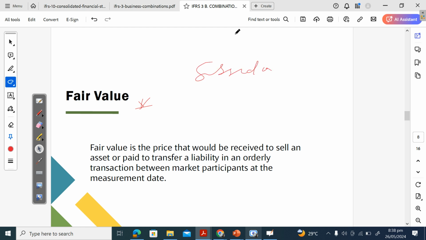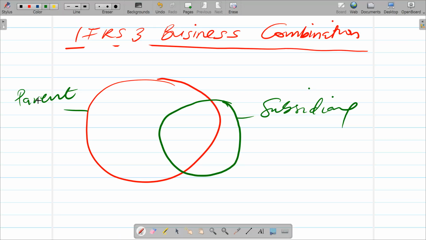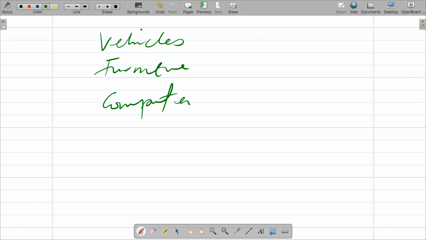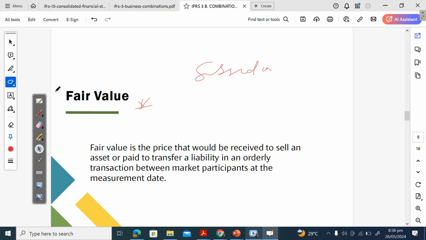So if, for instance, the subsidiary has assets such as vehicles, maybe furniture, computers, and what have you, all these assets have to be fair valued for the purpose of the standard, or in compliance with the standard. All right, so that's the concept of fair value.